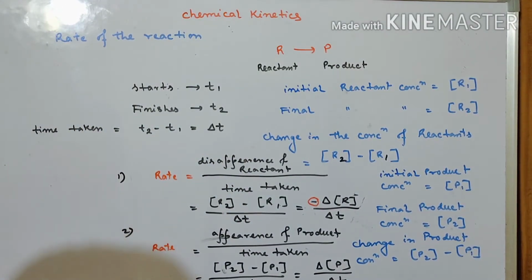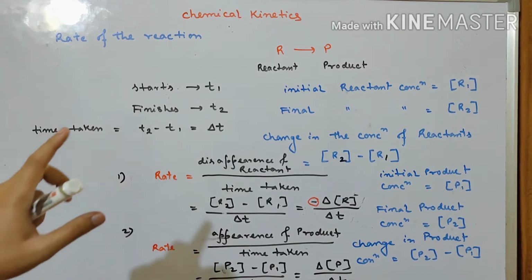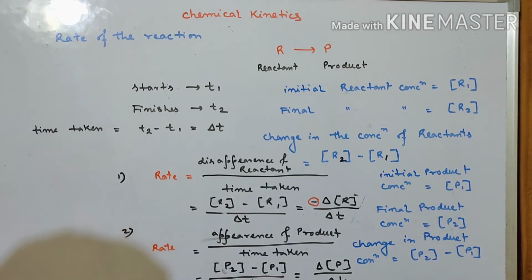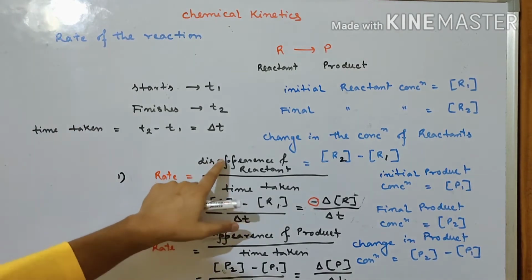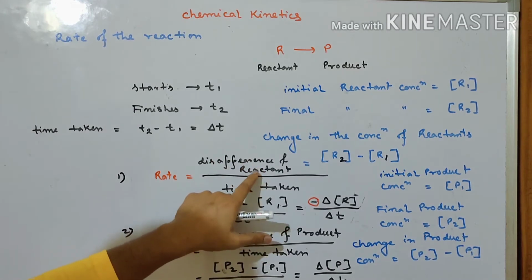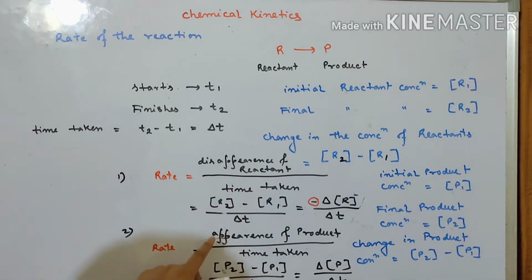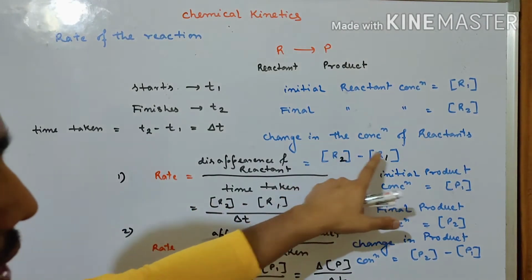So again, let me repeat that we are talking about rate. We are talking about disappearance of reactant by time taken or the appearance of product by time taken. So in both cases, final minus initial.